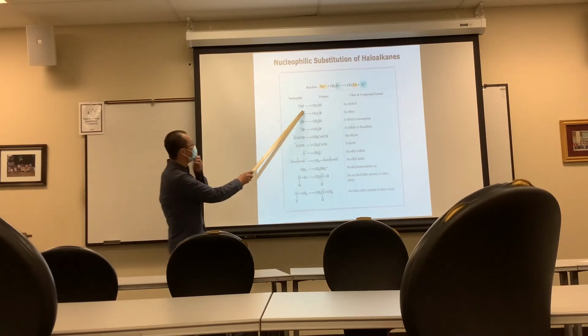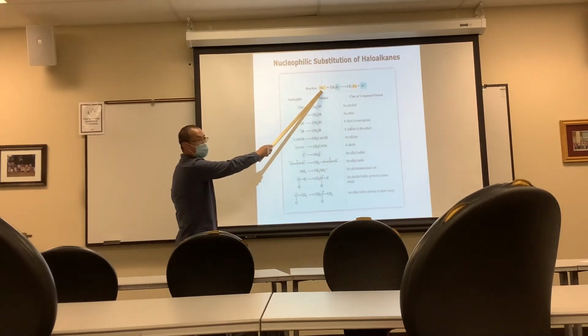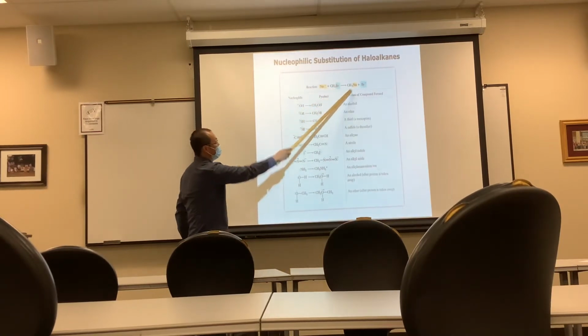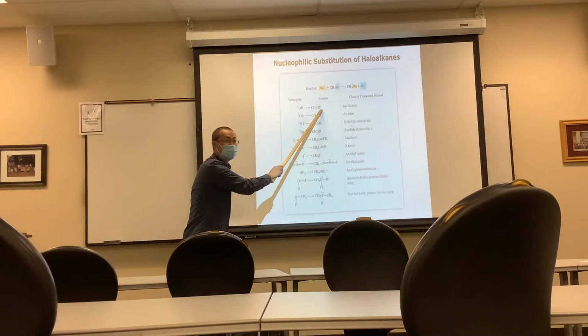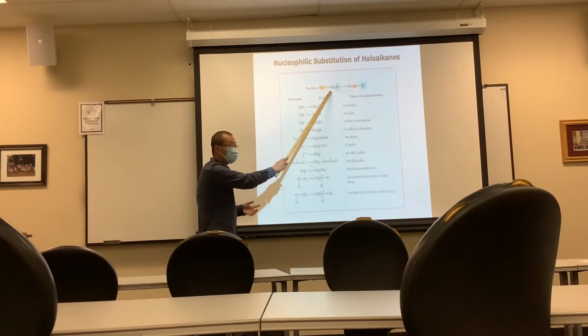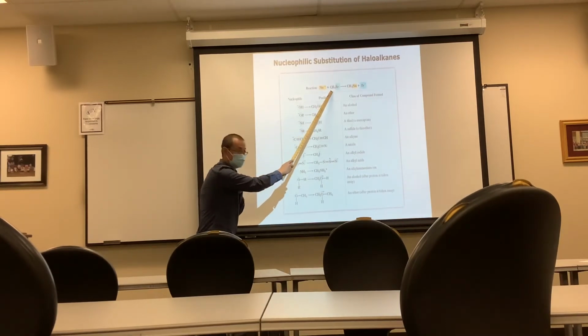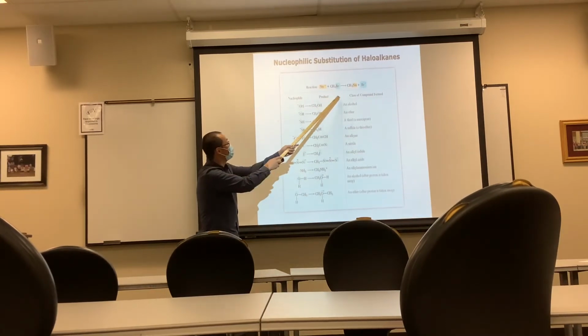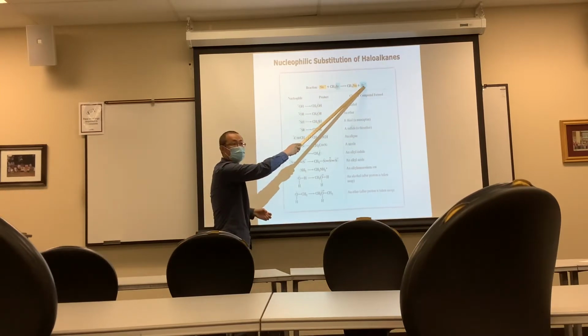For example, the one we just saw, if I use OH minus as the nucleophile to react with the alkyl bromide, I get an alcohol. Right, guys? Now, I'll give you a couple of minutes, take a look. Again, the electrophile here is the same, alkyl bromide. Alkyl bromide means the leaving group is always Br minus.